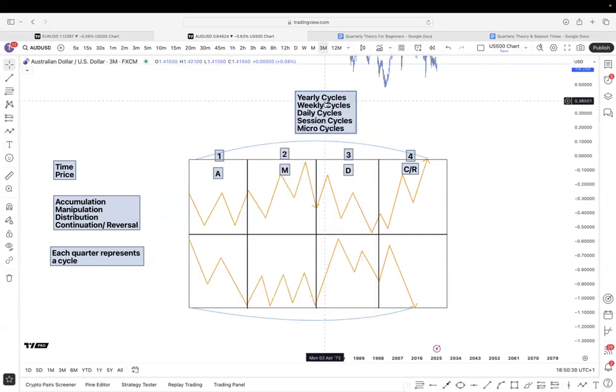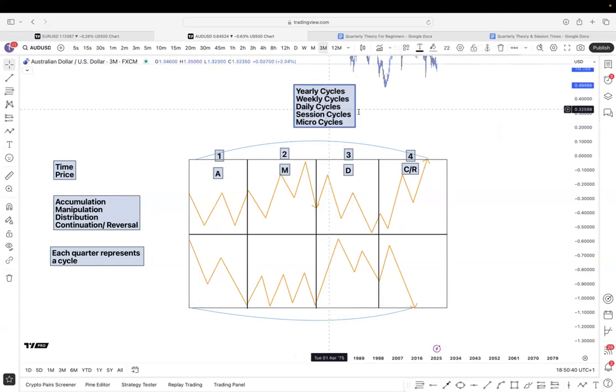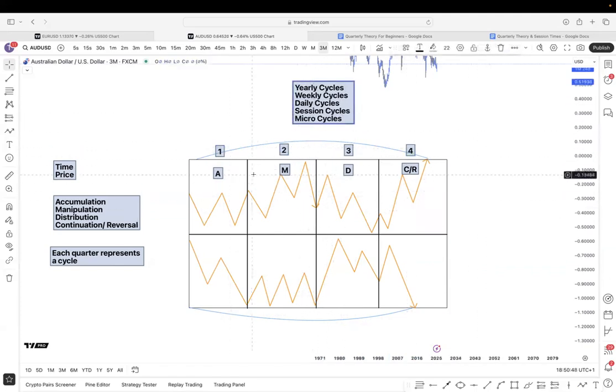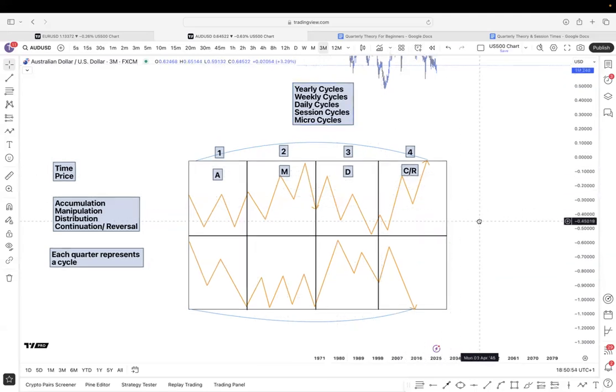So with that in mind, if we focus now on what each cycle is likely to do, knowing what we know and understanding what we understand about every single cycle, there is a shift, there is a change in price action.